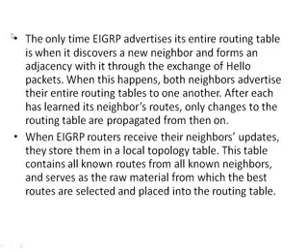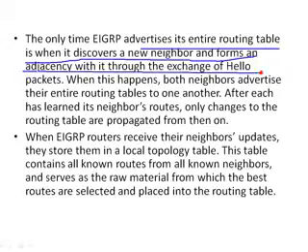The only time EIGRP advertises its routing table is when it discovers a new neighbor and forms an adjacency through the exchange of hello packets. So the very first time when it finds a new neighbor, it sends its entire routing table to its neighbor.